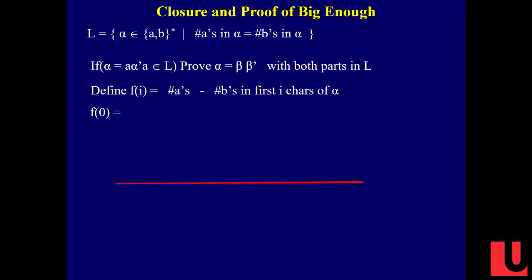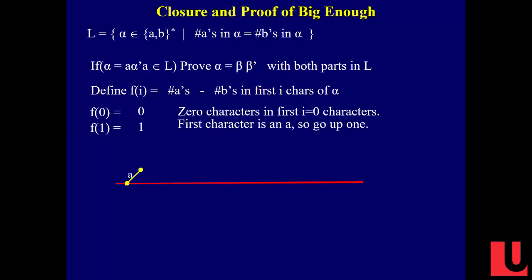Right? What do we know about f(1)? It has one A, so f(1) is going to be 1. Right? People buy that?